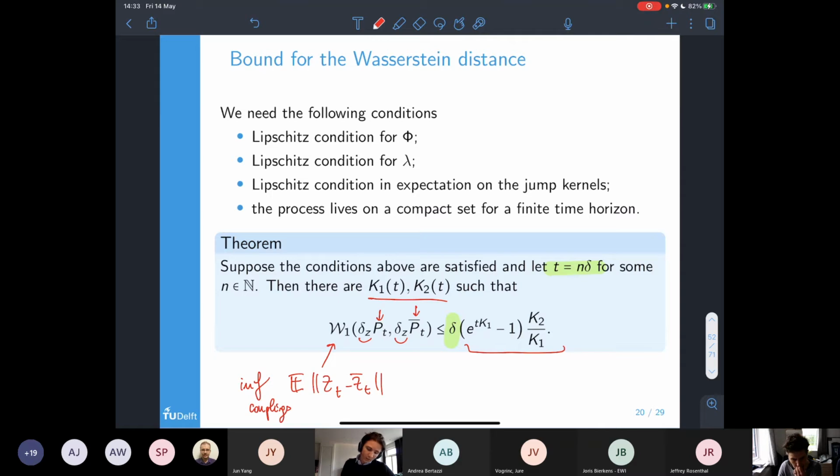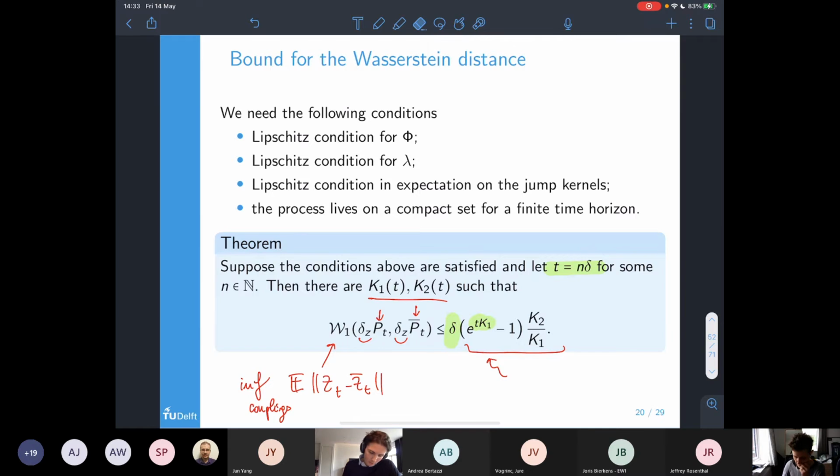Maybe not so nice is the t dependence in this bound. At the exponent we have e to the t k1, which can grow fast. K1 could be linear in reasonable scenarios, but this is more or less the same behavior you would expect, for instance, if you consider the Hamiltonian Monte Carlo algorithm. It's common because this comes out of the proof, but probably it's a very pessimistic bound.